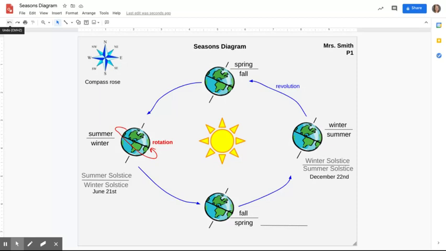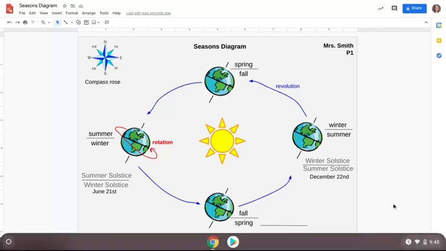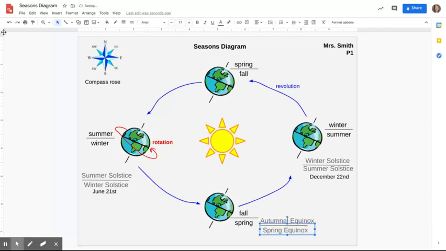So when we think about autumnal equinox, if here we have the longest day of the year, and here we have our shortest day of the year in December, halfway in between the longest and the shortest, we have to have an equal day. So that's where we experience our autumnal equinox in the northern hemisphere.